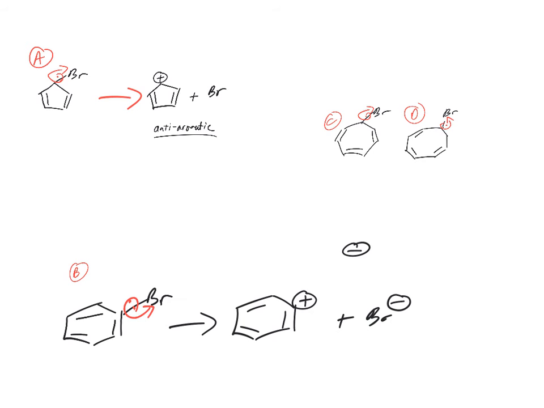All right, let's break down B. So what happens with B? So B has an aromatic ring, of course, but when that carbon-bromine bond breaks, the empty orbital is actually an sp2 hybridized orbital. That's an sp2 hybridized carbon. And when that carbon-bromine sigma bond breaks, that was an sp2 hybrid orbital forming that bond. So when we have a carbocation that's empty, it's not part of the p orbital system. It can't do resonance.